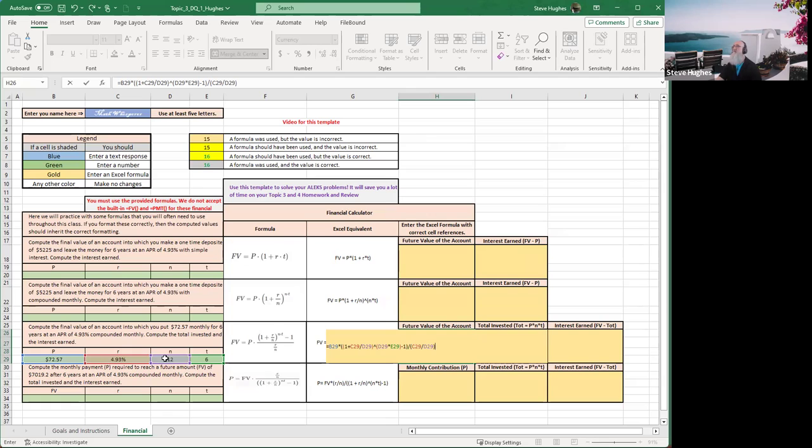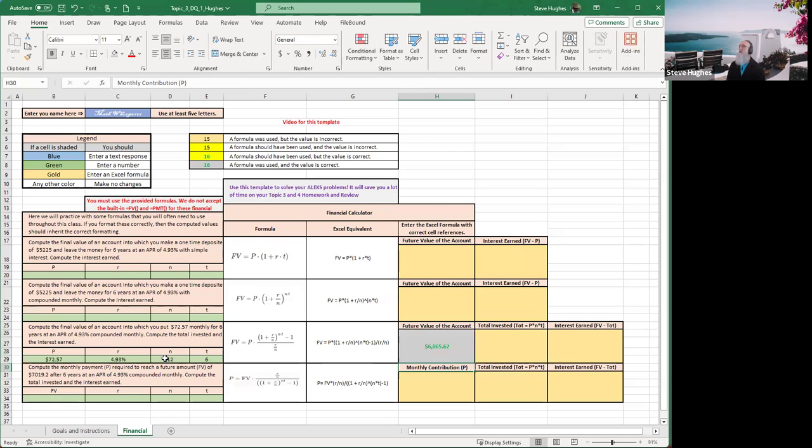And I should be done. Let's try it. And there we go. So what does this tell me? This tells me if I make a monthly payment of $72.57 for 6 years at a rate of 4.93%, I will accumulate $6,065.62.